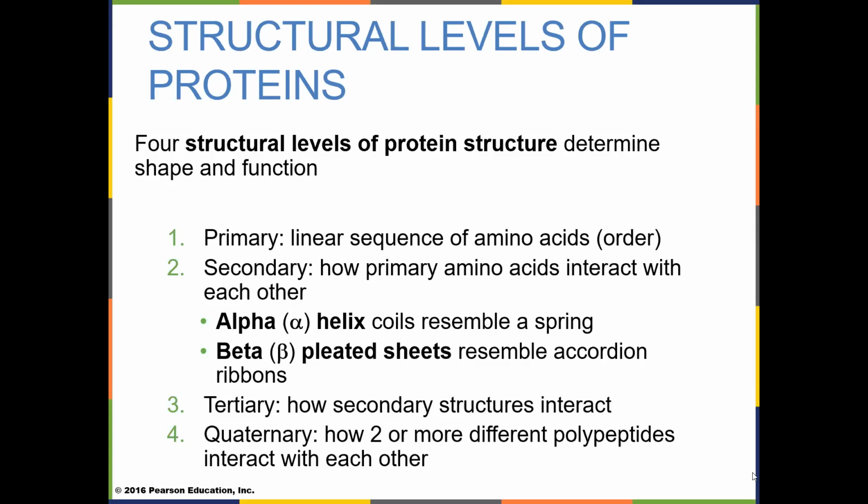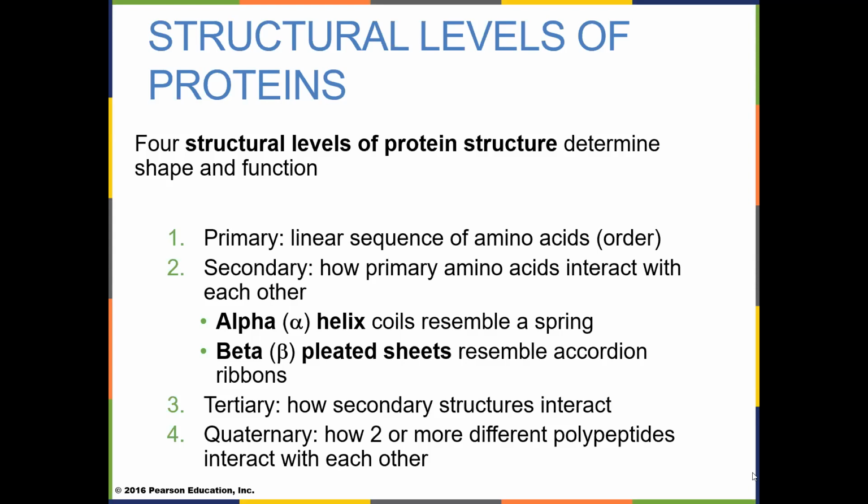The secondary structure, there are two of them. As the primary structure gets bent around, its secondary structure forms. The secondary structure can either be an alpha helix, looking like a spring, or a pleated sheet that looks like an accordion type of expandable ribbon, if you will.